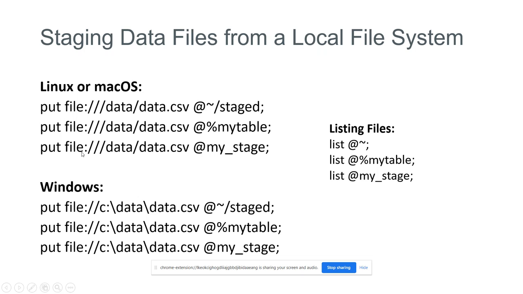The same way, if I want to copy a file to a named internal stage, this is the command: put file, the path of that file, and at the rate the stage we have created. We have to create this stage first, then only we can copy these files to this staging area.